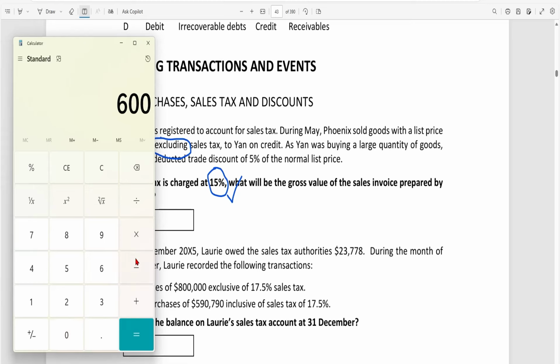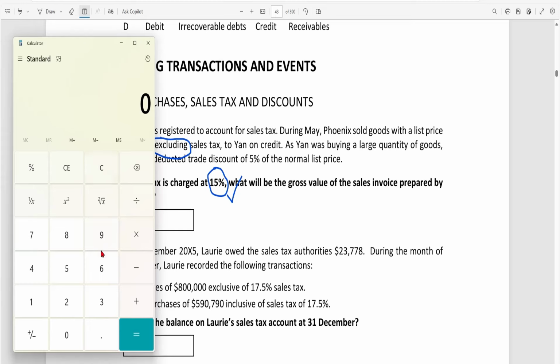You can first multiply by 5%, 0.05. This will give a $30 discount, and you can deduct it from the 600. The price after discount is 570.